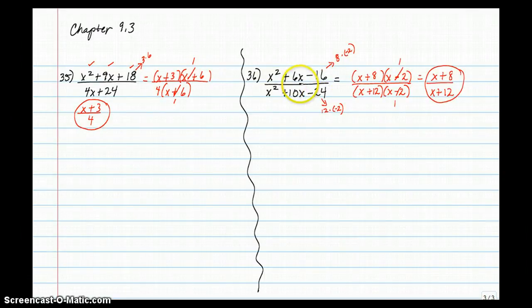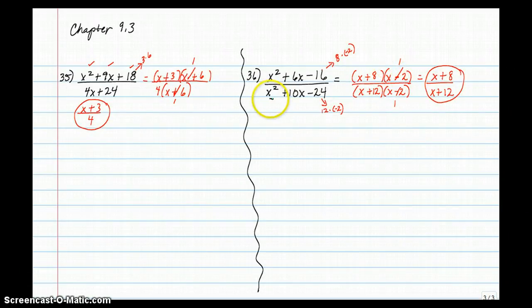Okay, x squared plus 6x minus 16 is a quadratic trinomial. So we're going to use the pattern plus minus because of the subtraction between the middle and last term. So factors of 16 are 1 and 16, 2 and 8, 4 and 4. Well, a positive 8 and a negative 2 will give us the 6x here. So it's x plus 8 times x minus 2. You could check this in the table or using FOIL.